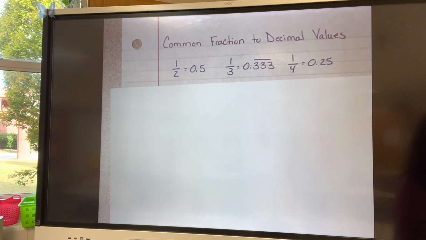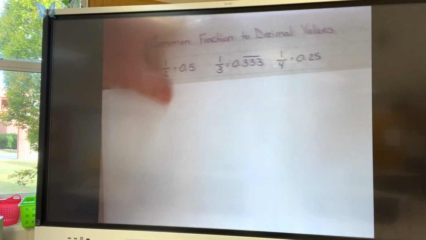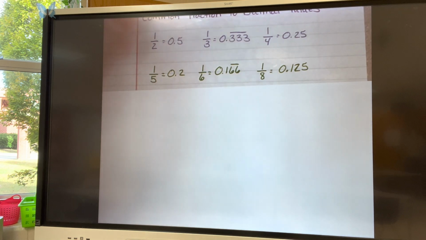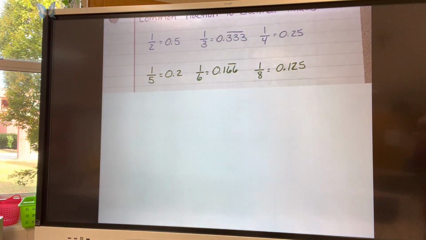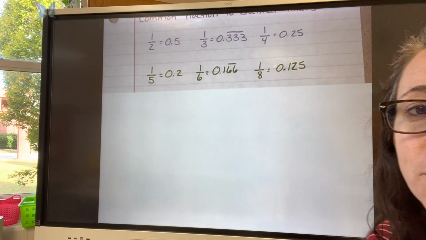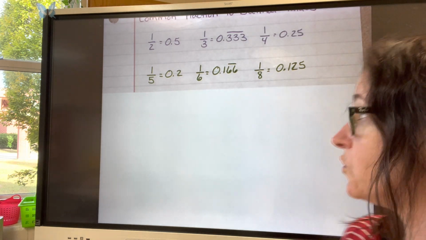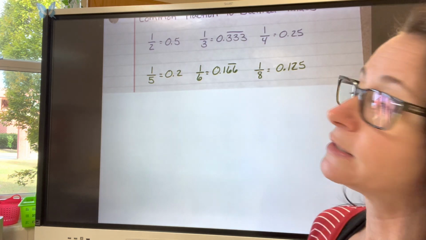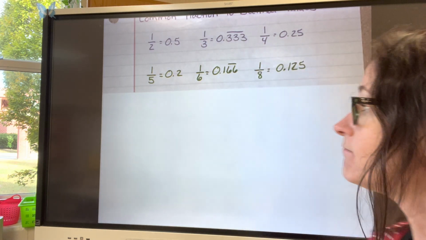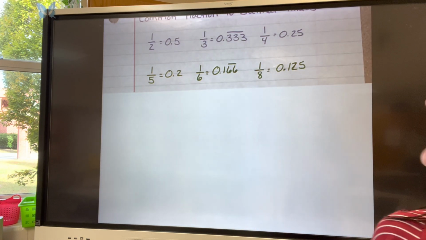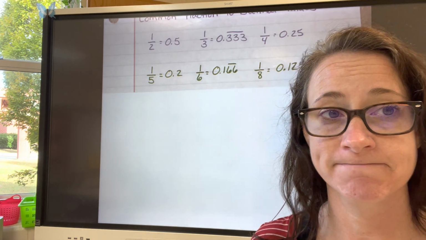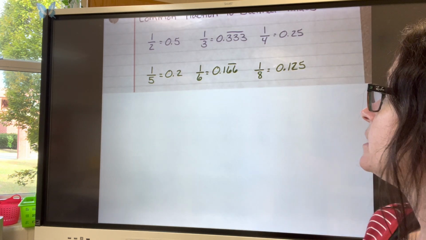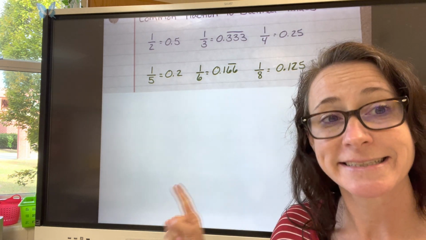So if you know the decimal value of the unit fraction, here is 1/5, 1/6, and 1/8. So 1/5 is 0.2. That means 2/5 is 0.4, and 3/5 is 0.6, and so on. 1/6 is another repeating decimal: 0.16666.